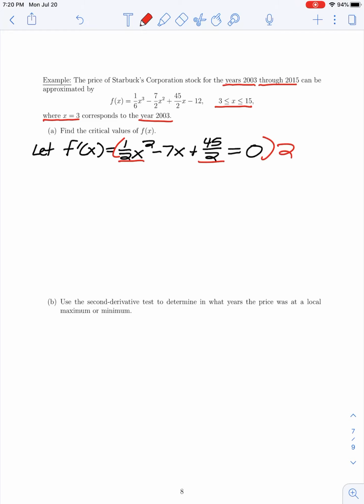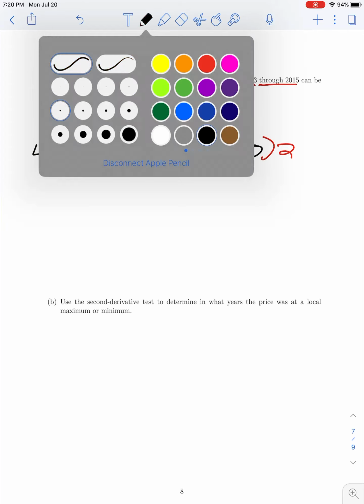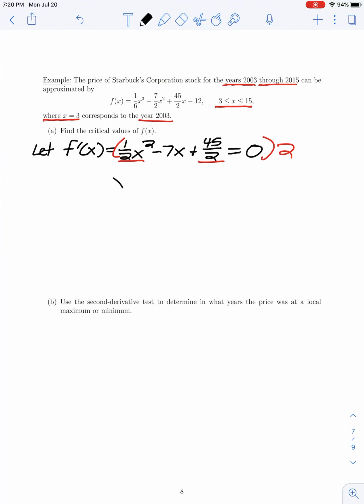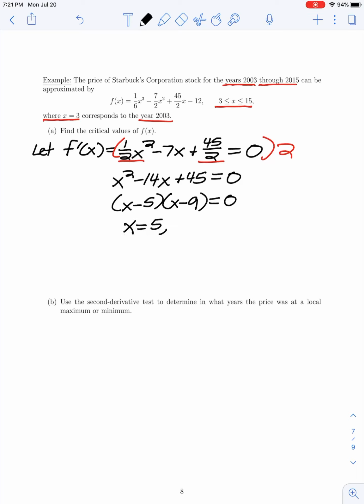But if I multiply both sides of this equation by 2, I can get rid of those fractions, and I would have x squared minus 14x plus 45 equals 0. And now this can be factored as x minus 5 times x minus 9 is 0. So we find that x could be equal to 5 or 9. These would be our critical values.